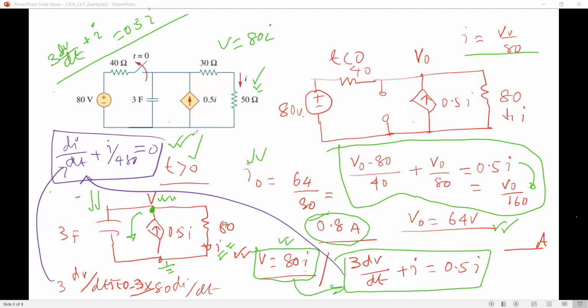di by dt plus I divided by 480 equal to 0. You can easily choose an appropriate time step, then proceed with your solution. Analytical solution would be equal to I0 e to the power minus t divided by 480.